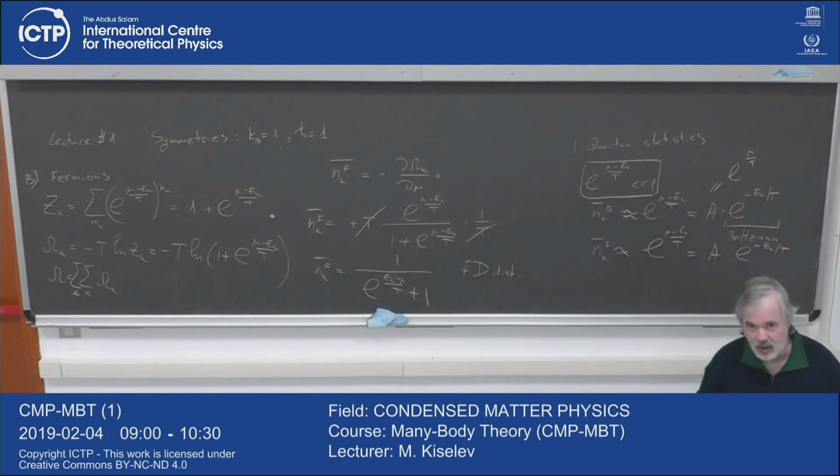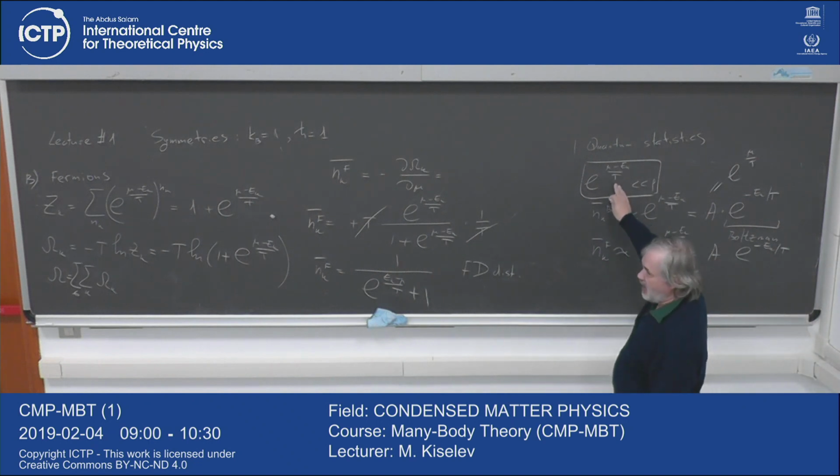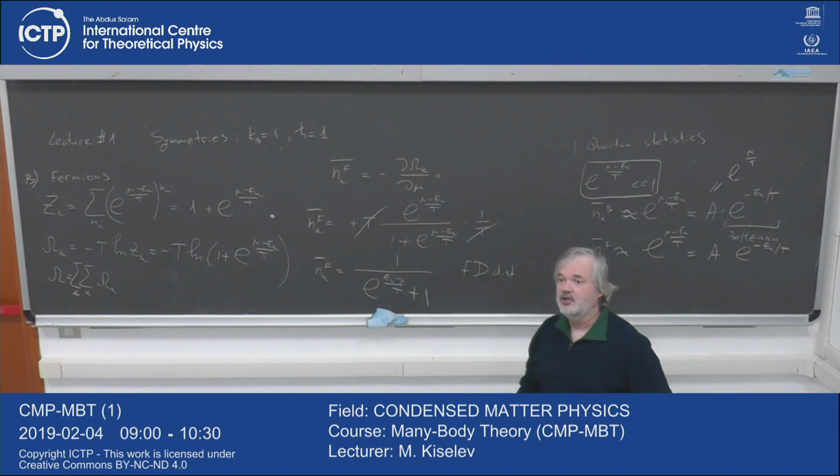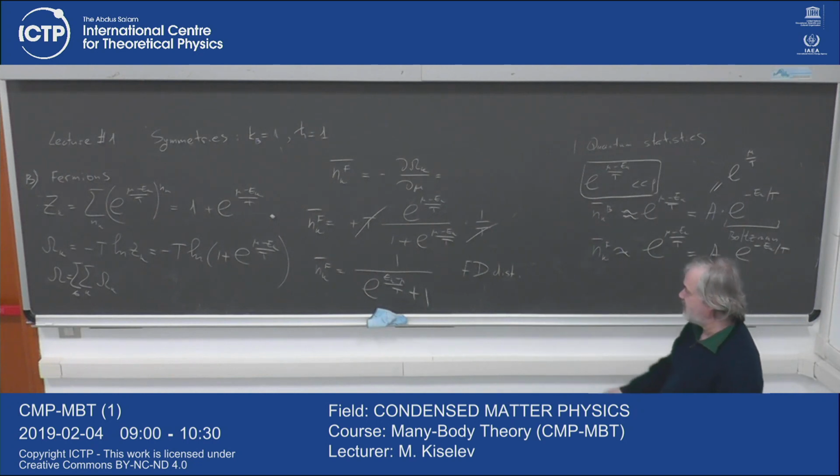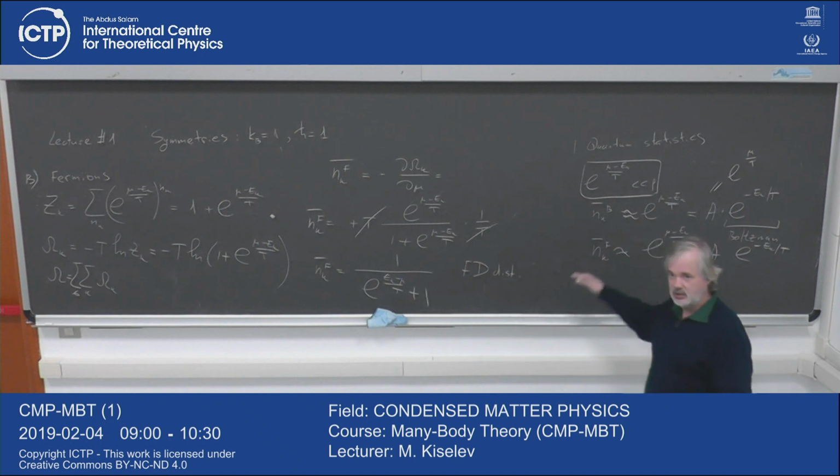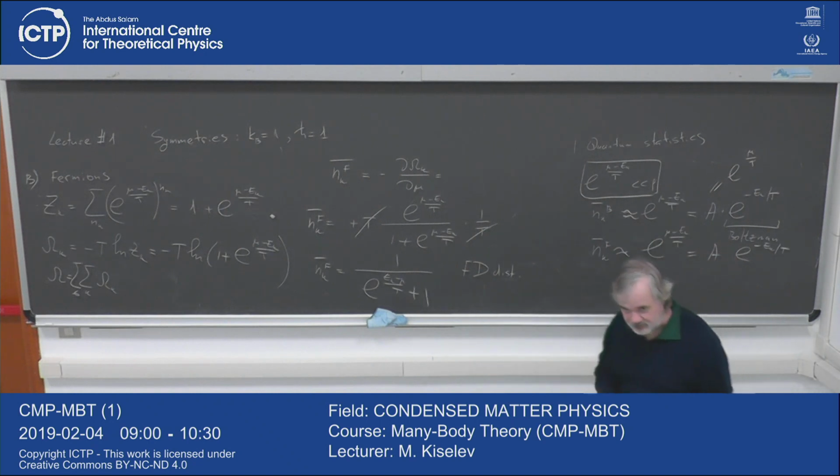Then again I conclude that when the average occupation number is much smaller than 1, this is a classical limit. The limiting statistics for the Fermi-Dirac statistics is classical Boltzmann statistics.